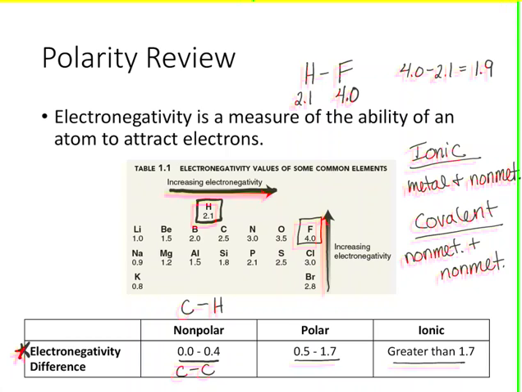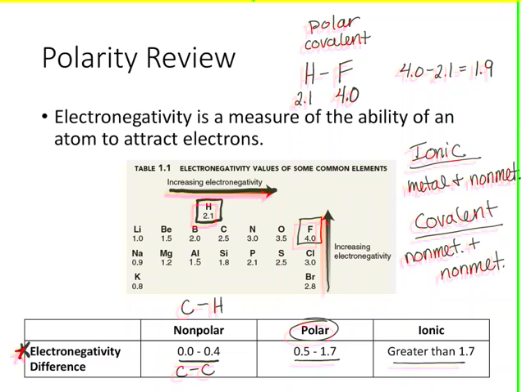So there are some exceptions to the table below, because hydrofluoric acid does have a covalent bond, but its difference is greater than a polar covalent bond down below. However, we're still going to say that this is polar covalent because we have two nonmetals, hydrogen and fluorine.